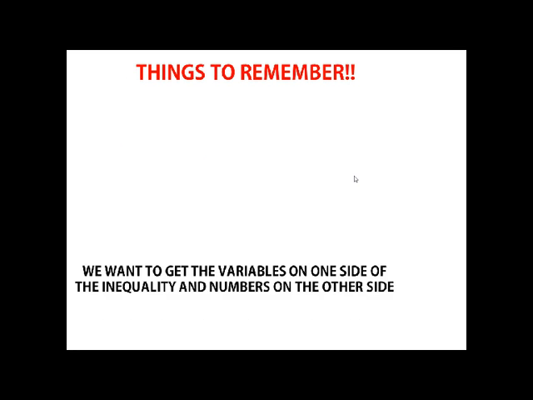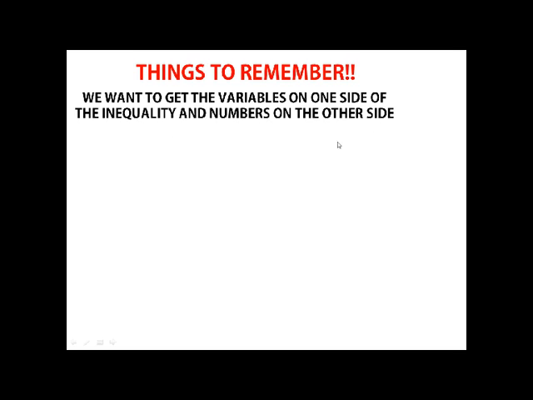Things to remember when working with one-step inequalities that use addition and subtraction is that you want to get the variable on one side of the inequality and the numbers on the other side.